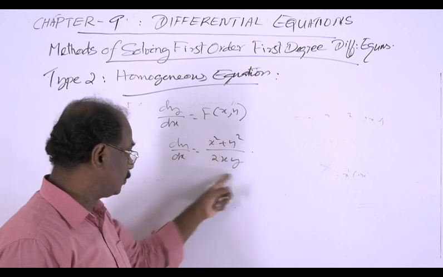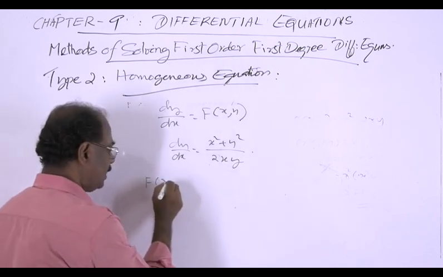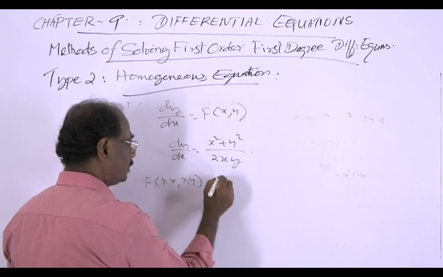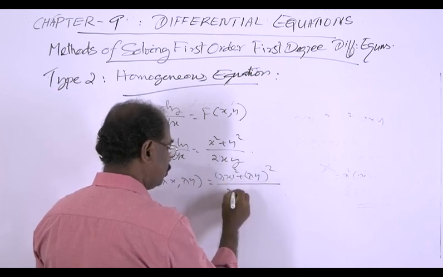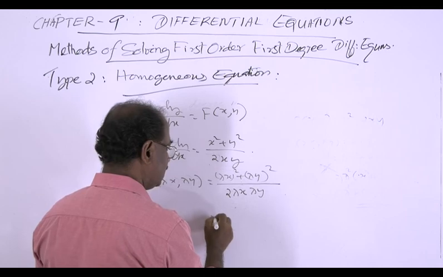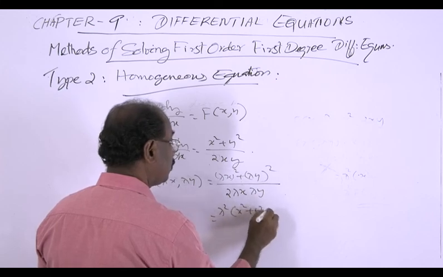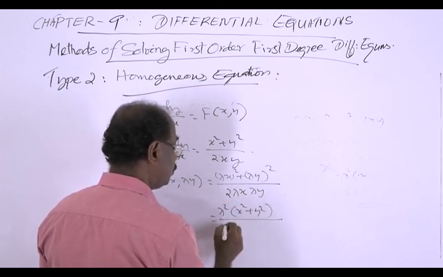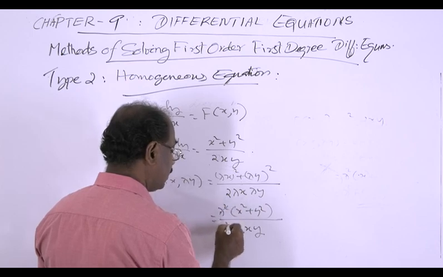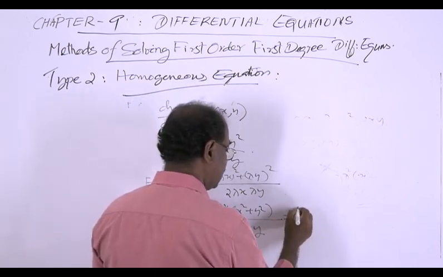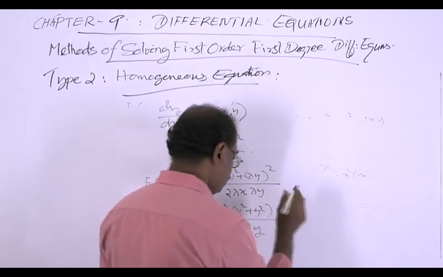Then F(λx, λy) is equal to ((λx) squared plus (λy) squared) divided by 2 into λx into λy, which is λ squared into (x squared plus y squared) divided by 2 λ squared xy. So λ squared and λ squared get cancelled, and this is λ raised to 0 into F(x, y).